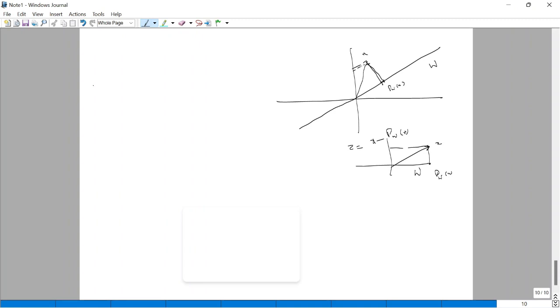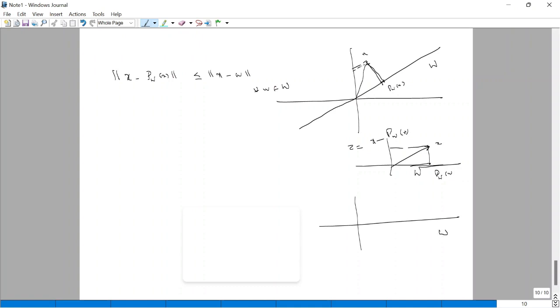Now what we want to prove is something very interesting. You start with the vector x, and let us look at PW of x. The norm of x minus PW of x is less than or equal to the norm of x minus any w, for any w in W. That means among all the points, keep the picture in mind.